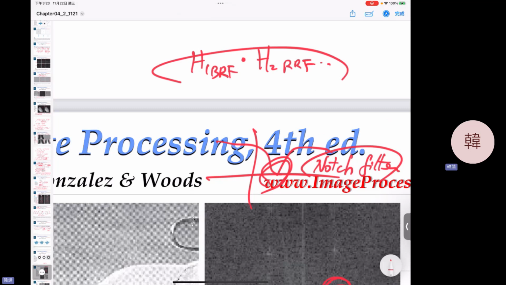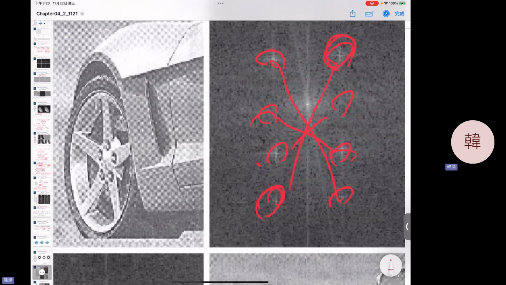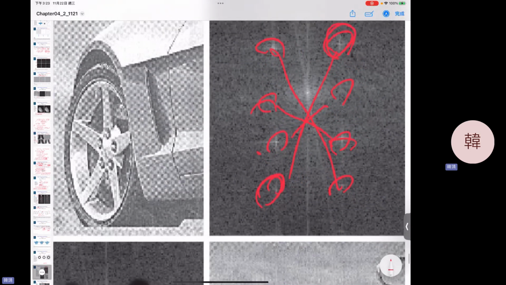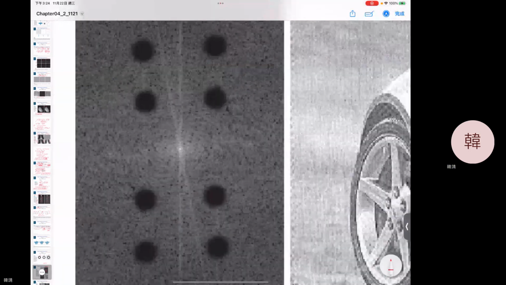So I'm going to remove this point, and I'm going to remove another point, but just be careful. They have a conjugate, so you have two notch locations you have to remove. So once you know there's a band reject filter design, you just multiply them together, and the result should be like this.